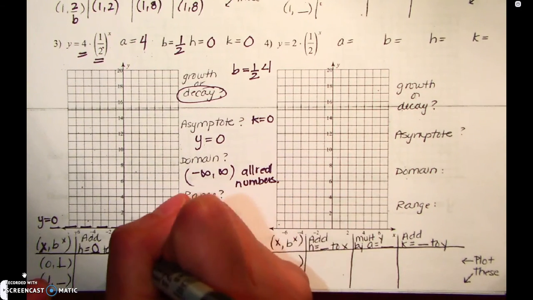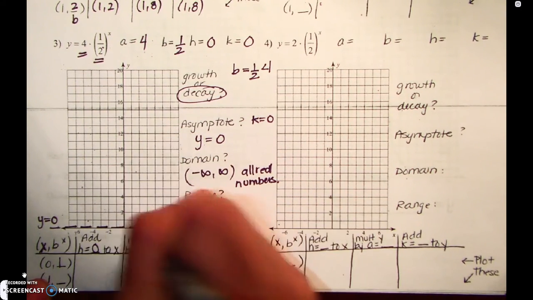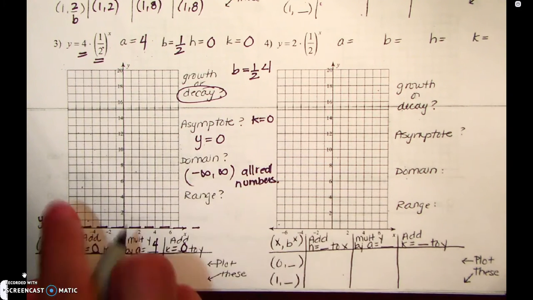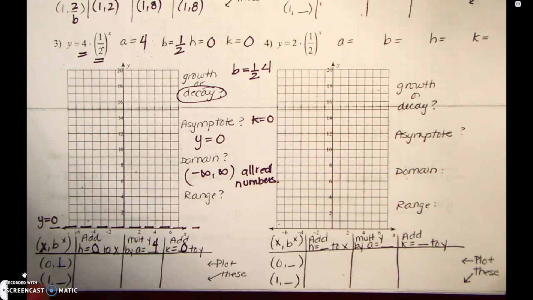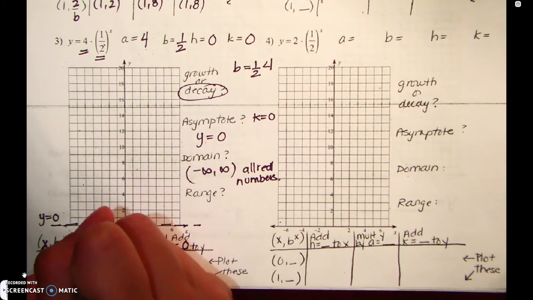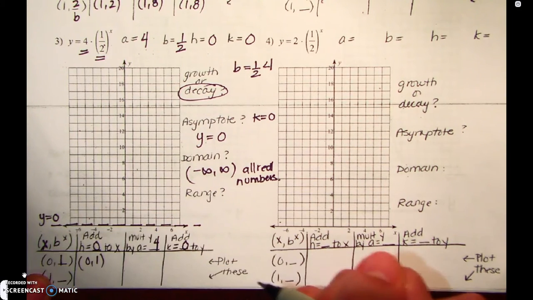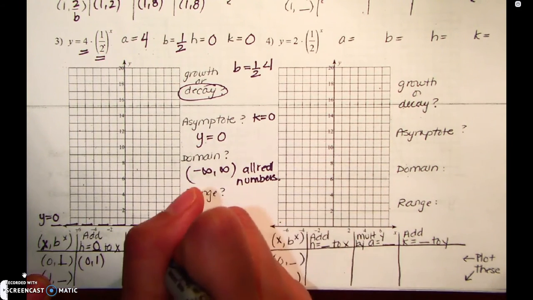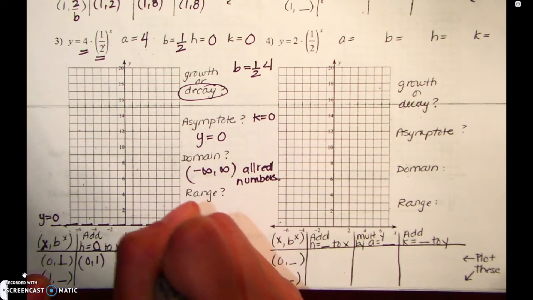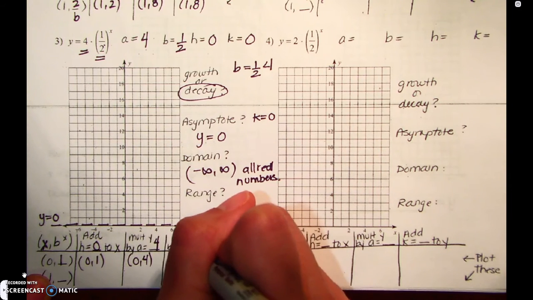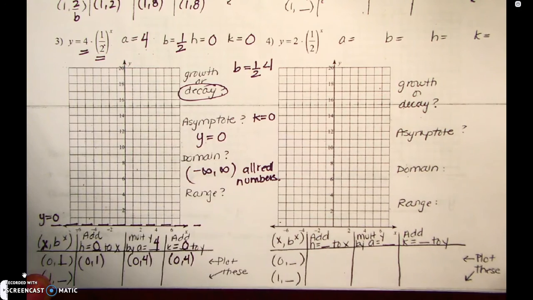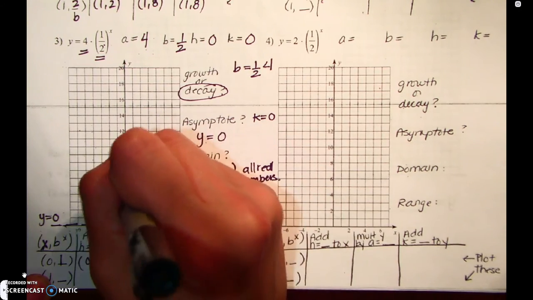I'm going to multiply y by a, in this case a is 4, and I'm going to add k equals 0 to y. So if I look at my ordered pair, 0, 1, if I add 0 to x, I have 0, so that's 0, 1 still. If I multiply y times 4, I'm going to have 1 times 4, which gives you 4. And if I add 0 to y, then I have 4 plus 0, which is just 4. So I'm going to plot the point 0, 4.